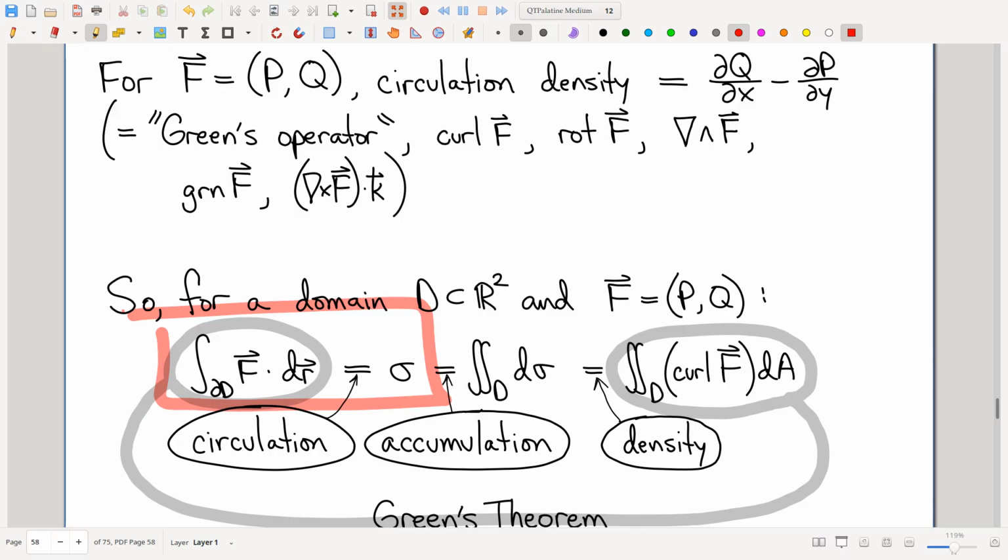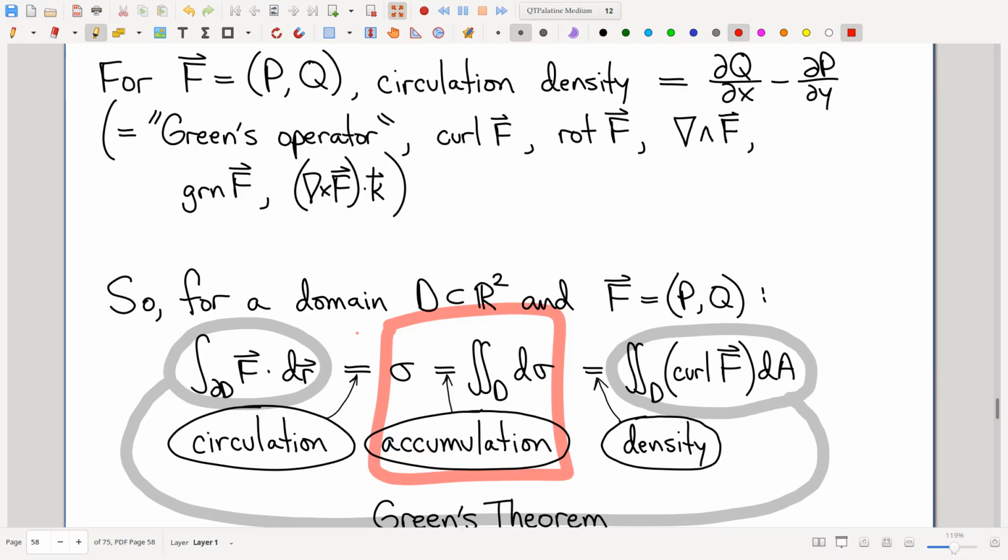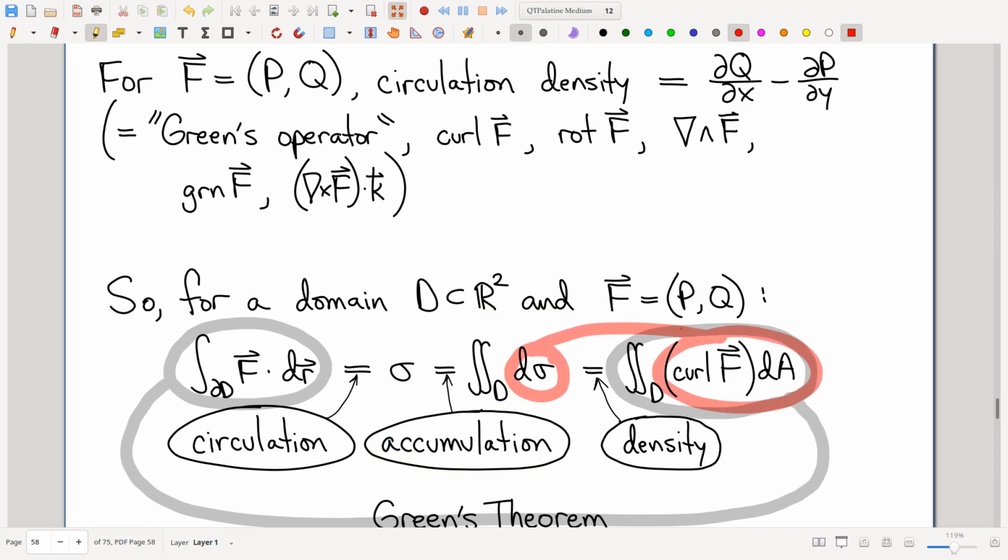That's a quantity defined on areas, boundary circulation. We noticed that it's an accumulating quantity, so the whole is the sum of the parts. So we can write that down. And again, associated notion of density. Density ends up being the curl. And so we can write down this theorem, and that gives us Green's theorem.